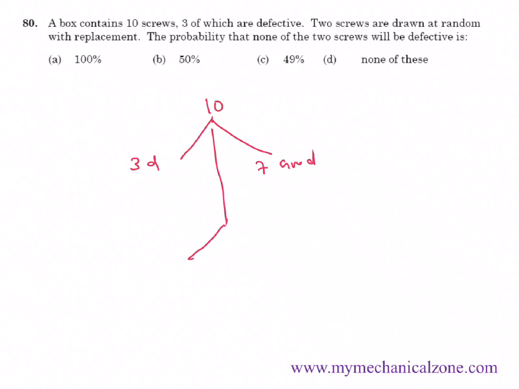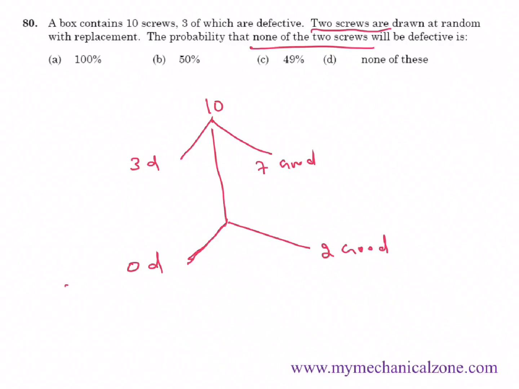Then 2 screws drawn, none of the 2 screws will be defective. So 2 are good and 0 are defective.